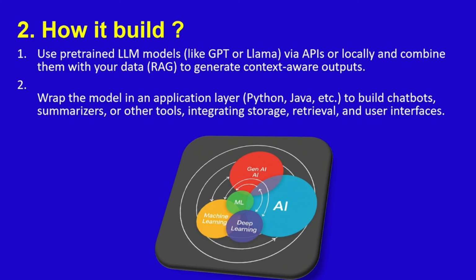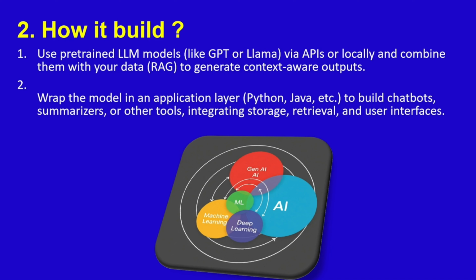So now let's go to the second part. How to build generative AI systems? There is a two-step process to build these generative AI applications. The first part is we have a lot of pre-trained models like Llama or GPT. We can invoke them via API calls, or you can deploy them locally by using various techniques.